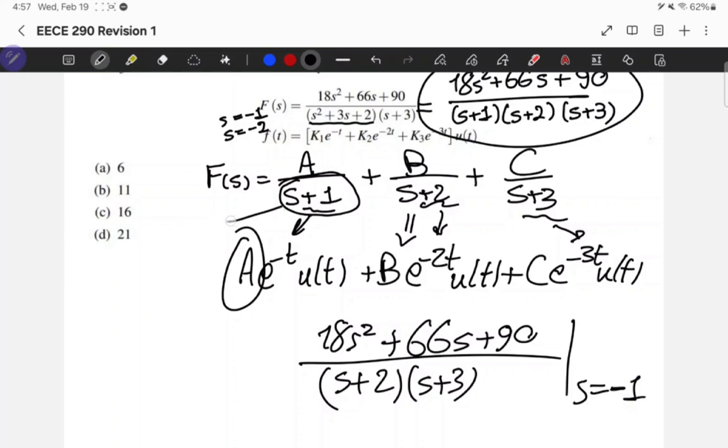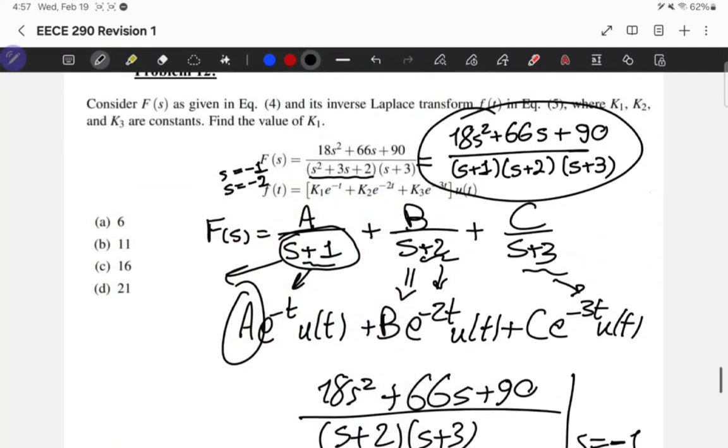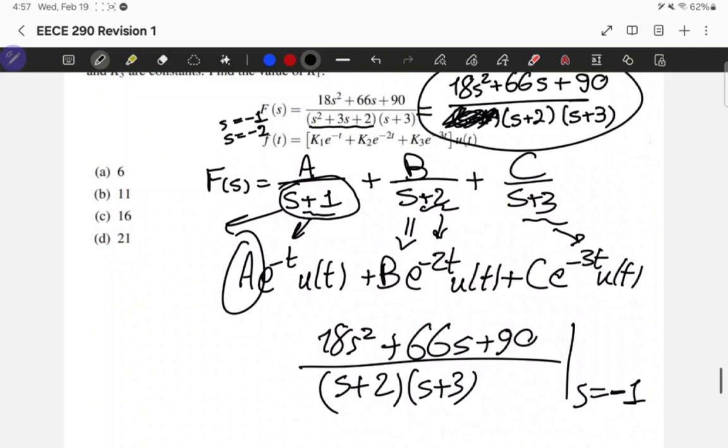So I cover up the denominator of a in this expression in here. Sorry, that wasn't very clear. So in my expression in here, I cover up the denominator, so s plus 1 out, and I set the denominator of a equal to 0, so s plus 1 equal to 0, so s equal to minus 1.